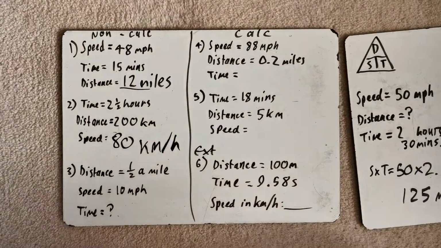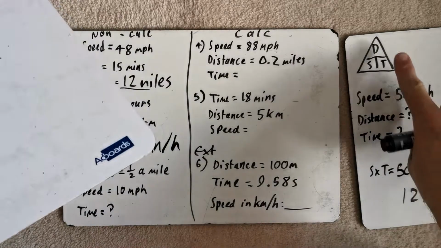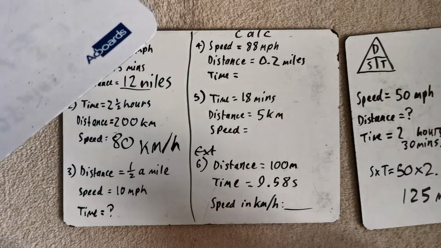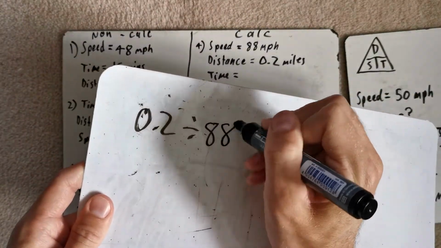All right. Calculator ones now. We are going to do 88 miles an hour and then 0.2 miles. We're trying to find out time, which is distance divided by speed. So 0.2 divided by 88.